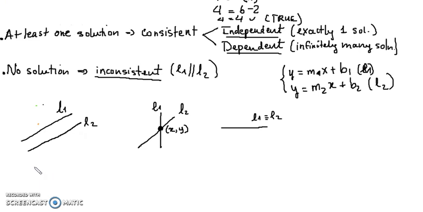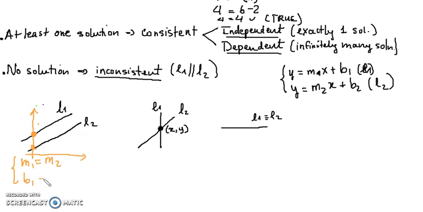Now, if the two lines are parallel with each other, then what happens? We learn that the slopes are the same: m1 equal to m2. And what else? Imagine an OXY plane here. The slopes are the same, but they have different y-intercepts.